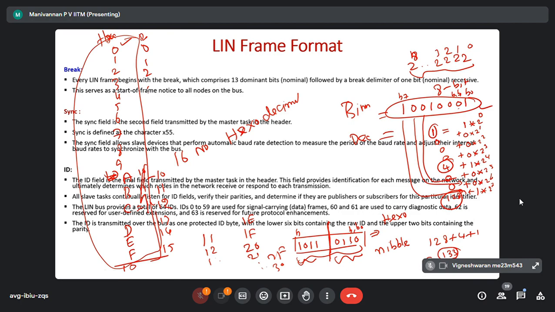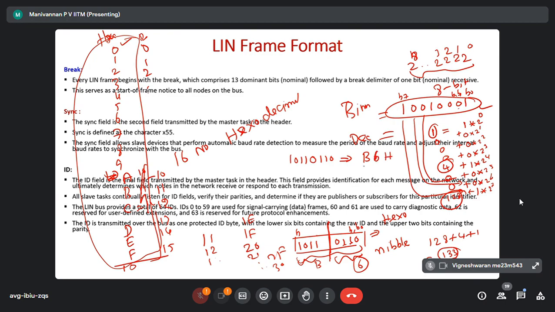This is nothing but 2 plus 4, 6. Correct? Then what is this? 1 plus 2, 3. Plus 8. How much? 11. How will you represent 11 here? 11 is represented by B. So the binary number 1011 0110 can be represented as B6.